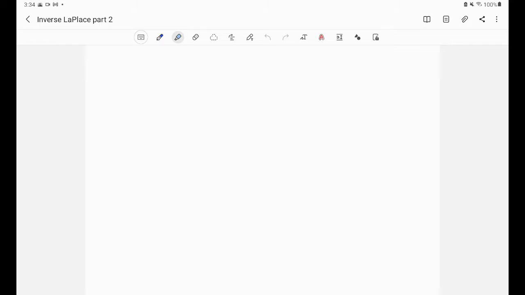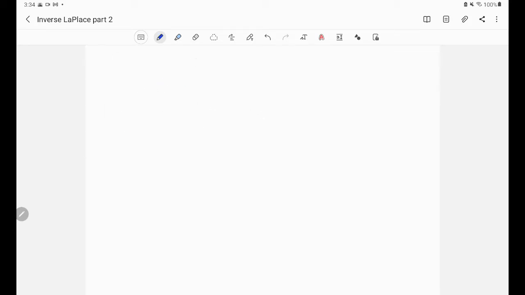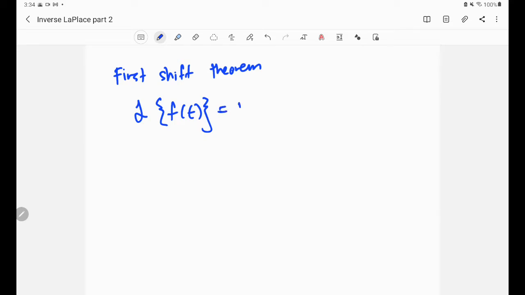So the main one that we want to focus on today is the first shift theorem that you have learned about. According to the first shift theorem that we have done before, if we have a function f(t) and we apply Laplace transform to that, we get F(s).